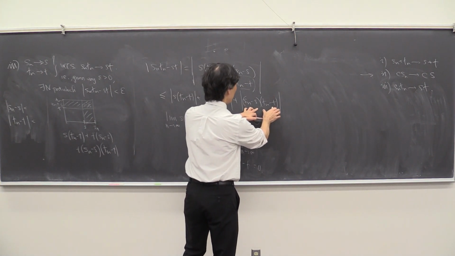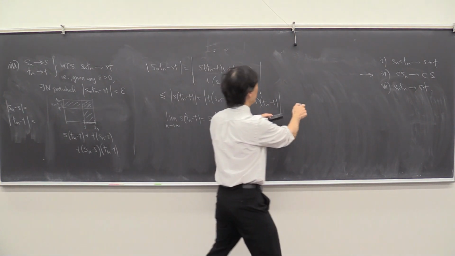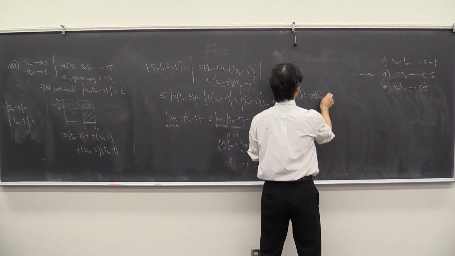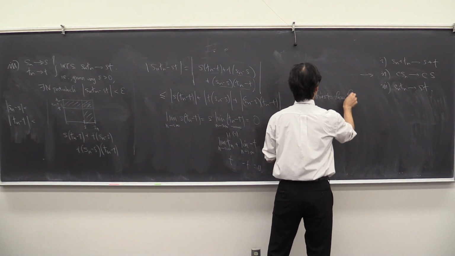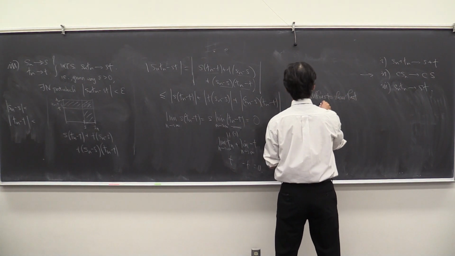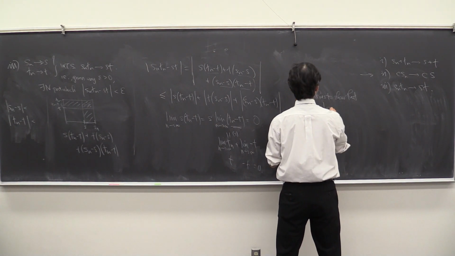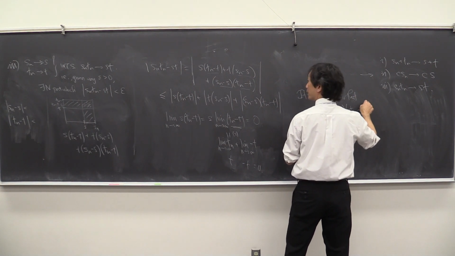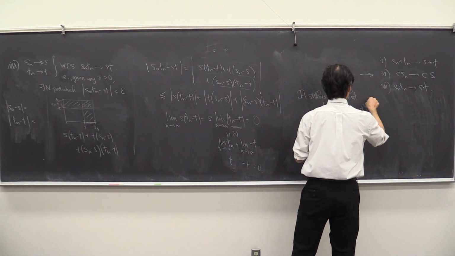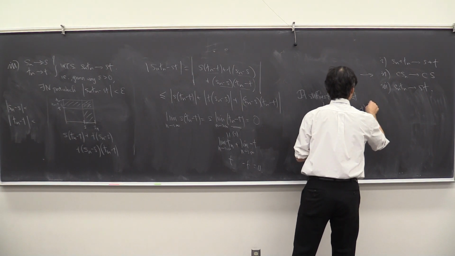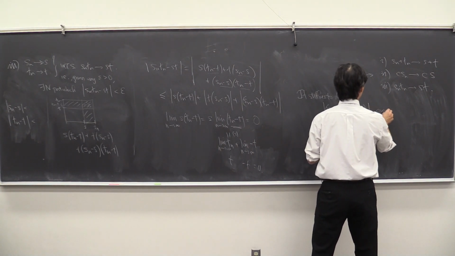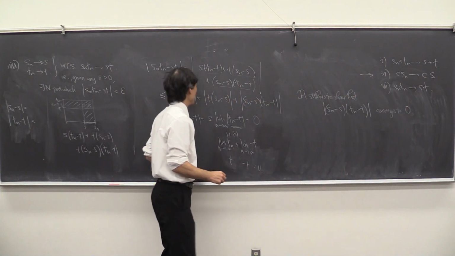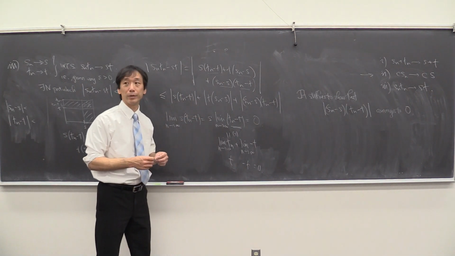The only thing we have to control is this thing here. So really, it suffices to show that this thing converges to 0, because then we'll have three things that converge to 0.